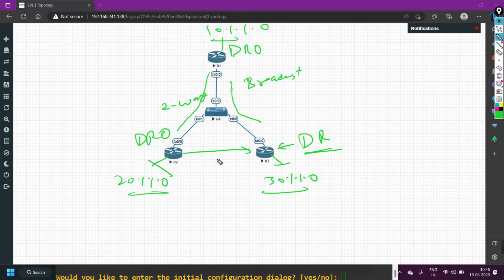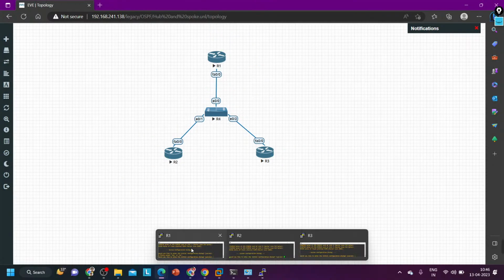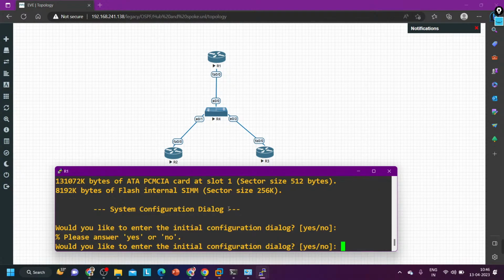So that's why here in the hub and spoke topology, we need to configure network type point to multi-point. And as you know, on a point to multi-point, DR and BDR election will not happen. Yes or no? Check the screenshot. Now let me configure IP first.